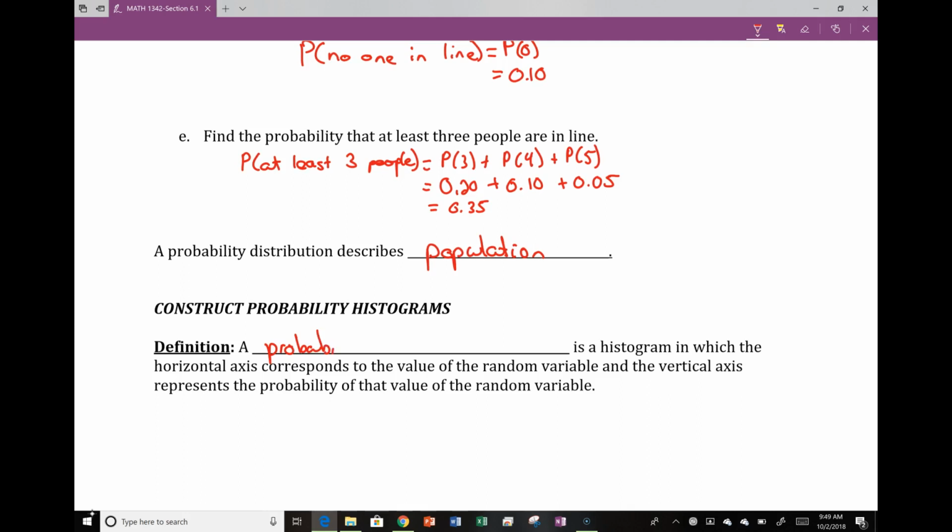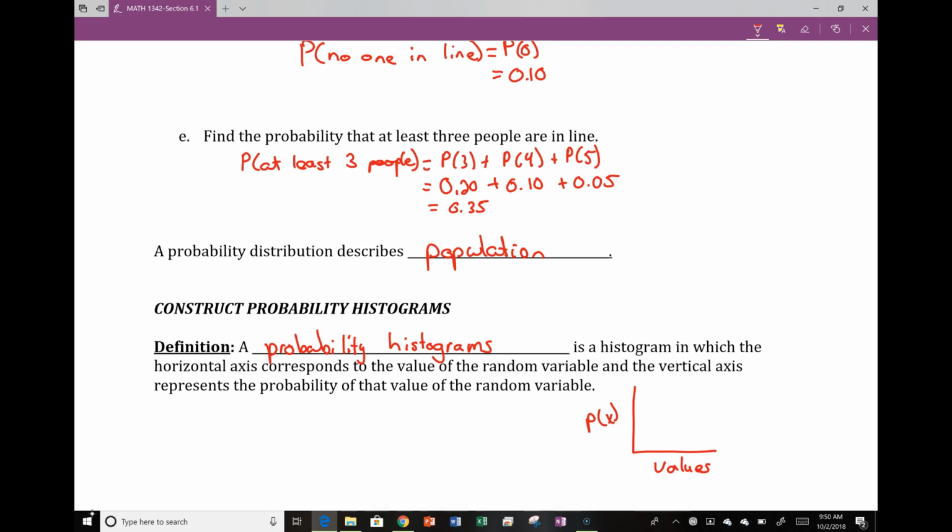Probability histograms are those in which the horizontal axis corresponds to the value that the random variable can take on, such as 0, 1, 2, 3. The vertical axis represents the probability of the value of the random variable. So this is like saying, okay, here are my values that I can get. This is my probability of x, or my relative frequency is the same situation.